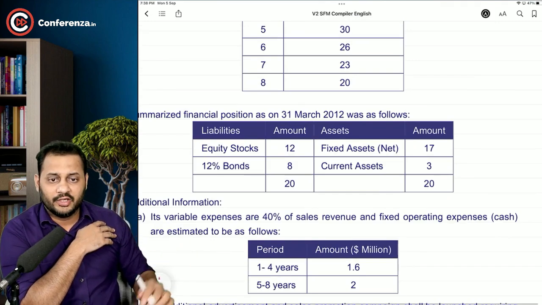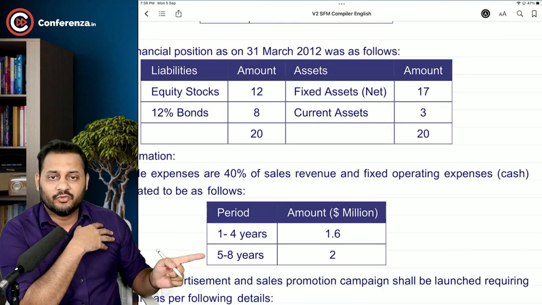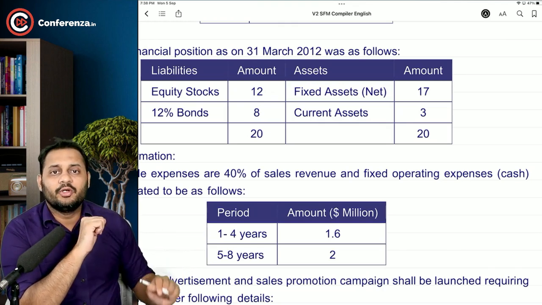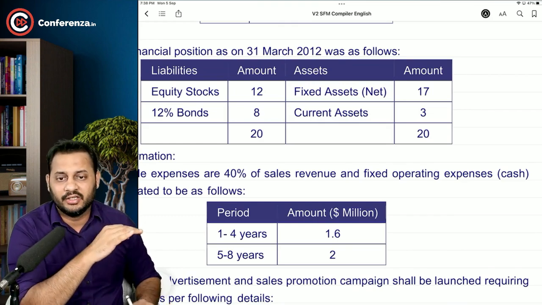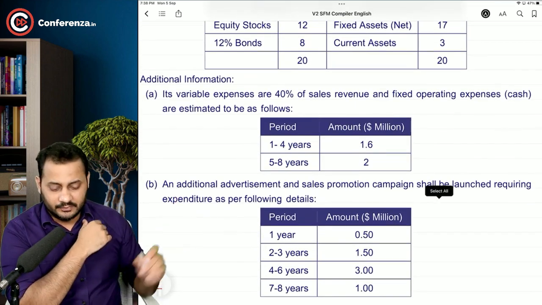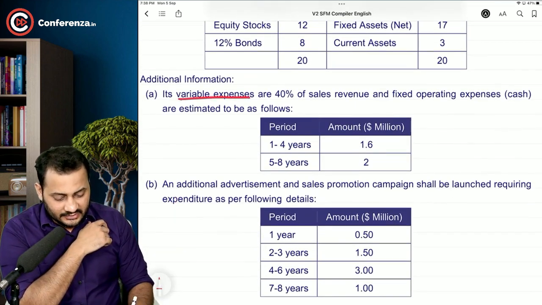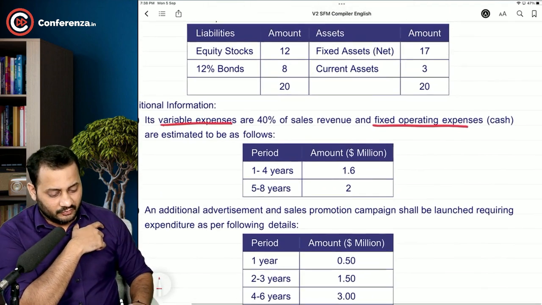For the first 4 years, every year the fixed expenses will be 1.6 million, and for years 5 to 8, it will be $2 million every year. Now another expense. This is the first expense, this is the second expense. Additional advertisement.